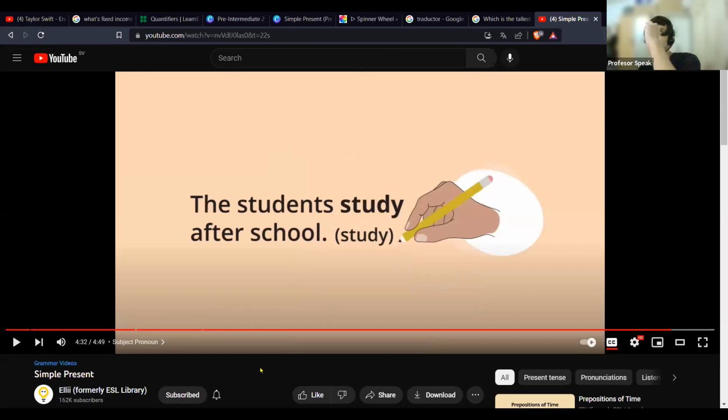Okay, remember that when we are using pluralization, what is a pluralization? A plural noun. For example, one cat. That's singular because I'm talking about just one. But what happens if I want to talk about two of them? I will say cats.